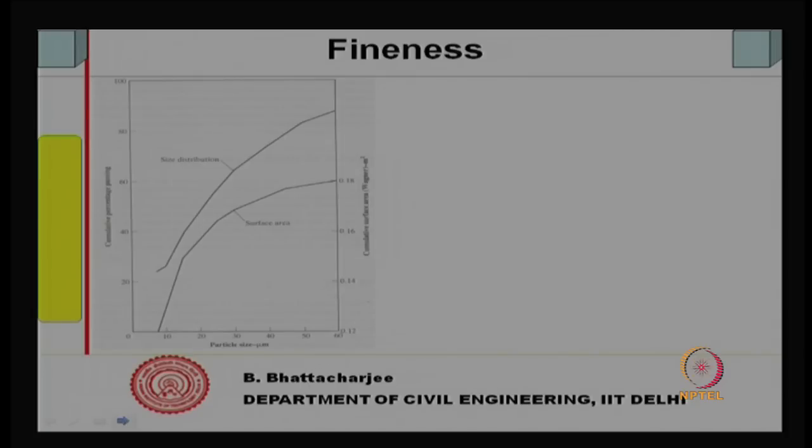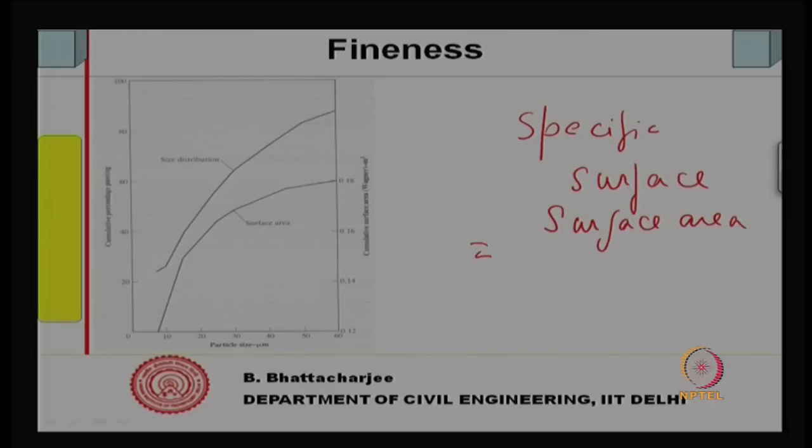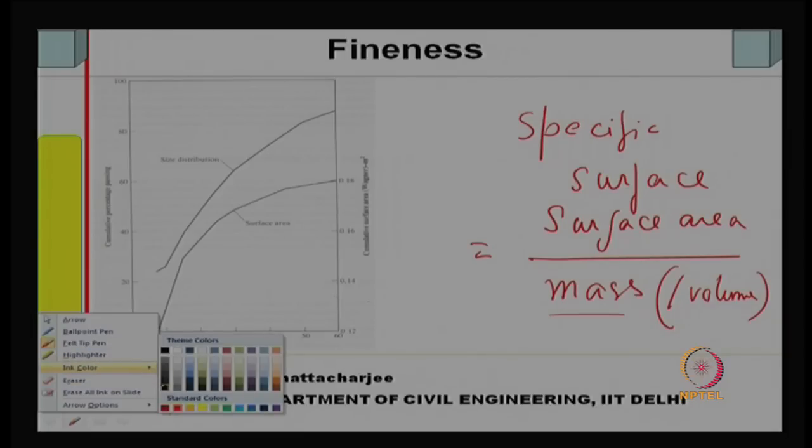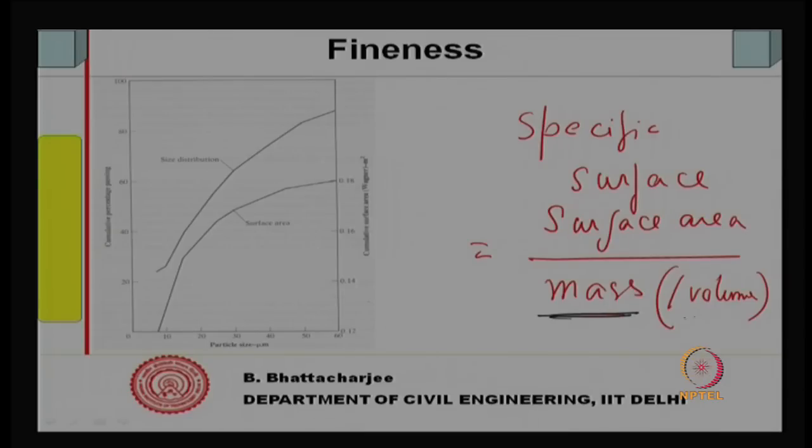For example, we use the concept of specific surface. Specific surface is defined as the surface area per unit mass or maybe volume, which we will look at later on. In case of cement, of course, you use surface area per unit mass.